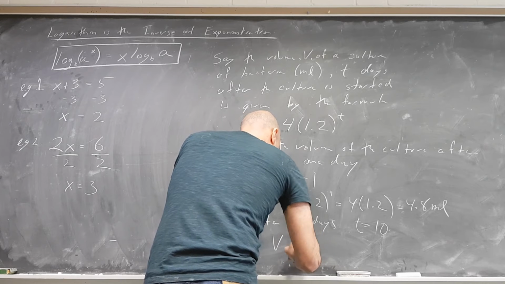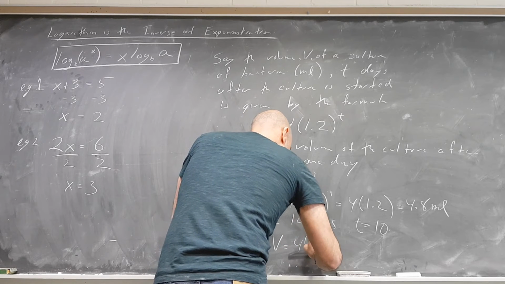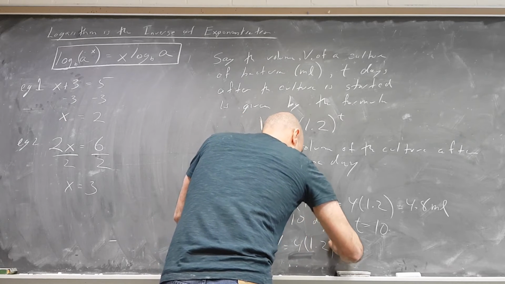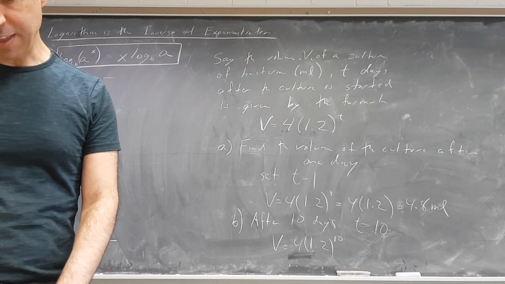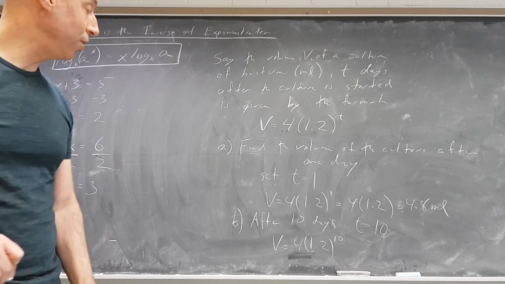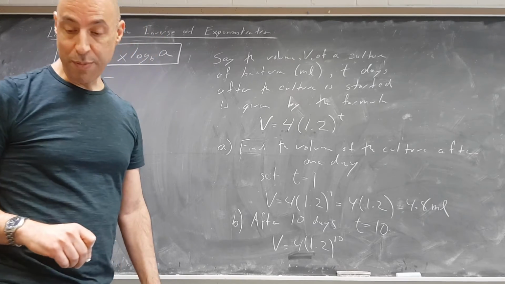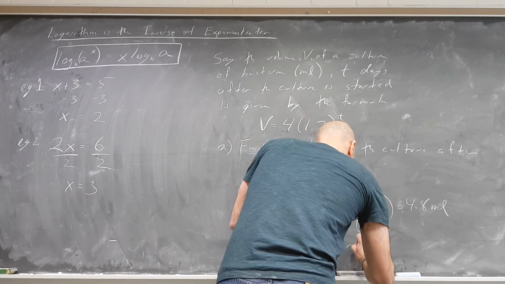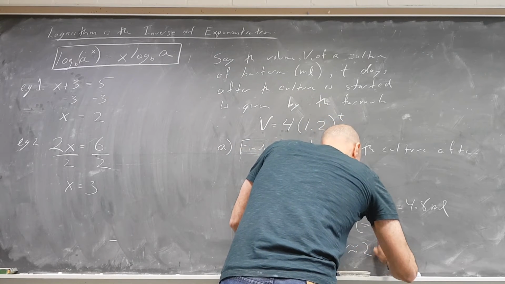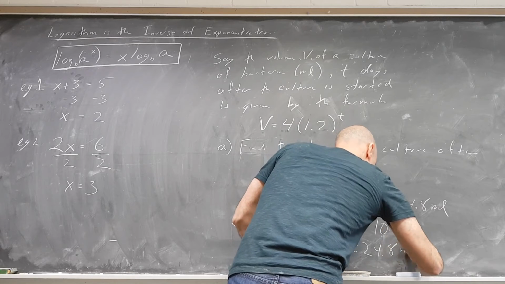So the volume of the culture will be 4 times 1.2 to the 10th. Unless you're very good at raising things to the 10th power, I think this might be an excellent time to use a calculator, but you get approximately 24.8, if I'm not mistaken. And again, that's in milliliters.